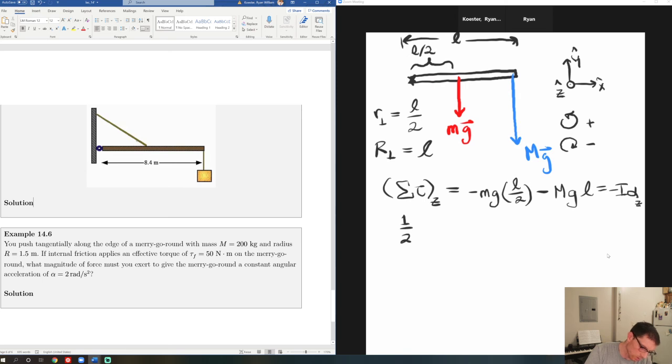So rewriting this, we would have 1/2 mgL plus big M g L equals I alpha sub z. And to find the angular acceleration, all we do is divide both sides by I, right? So we find something like this.